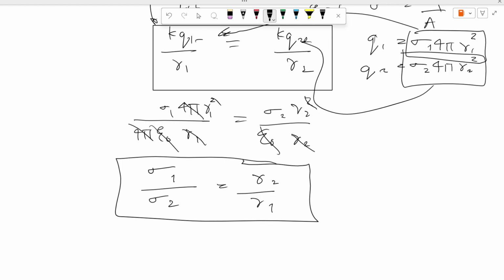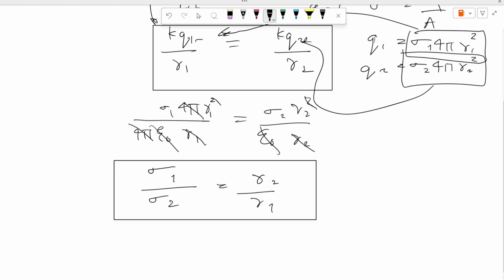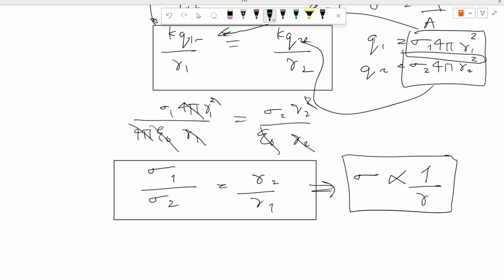We have studied proportionality in 8th or 9th class, I guess. By looking at it, you can say that this expression implies that the surface charge distribution is directly proportional to 1 by r, or inversely proportional to the radius.